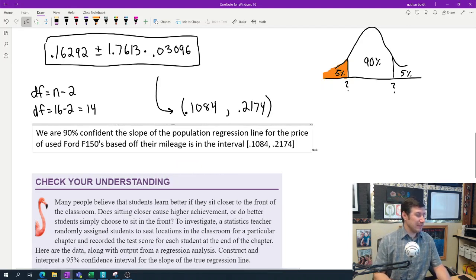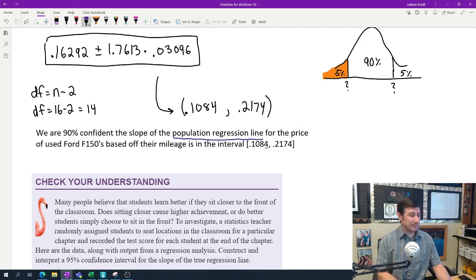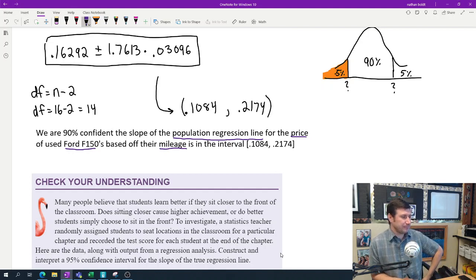A little bit different with the context because we have to say, hey, it's the population regression line. And then don't forget, it's to describe both variables, the price of the Ford F-150 based off of their mileage, okay? But otherwise, that sentence should sound very, very familiar.